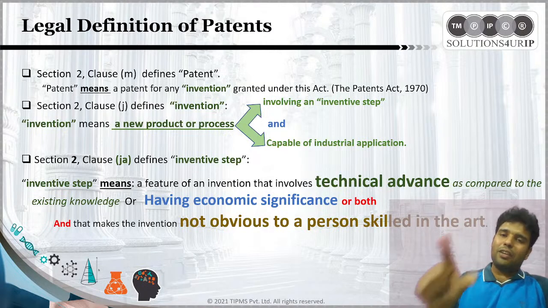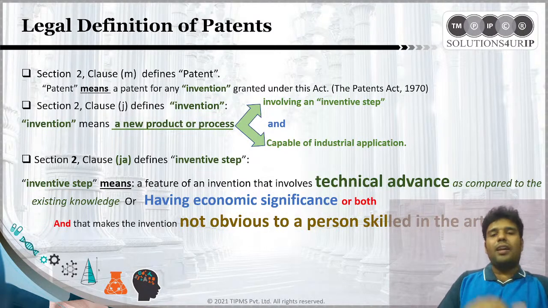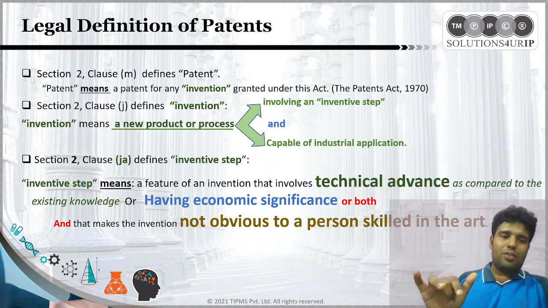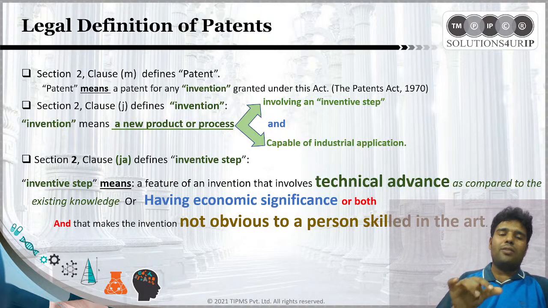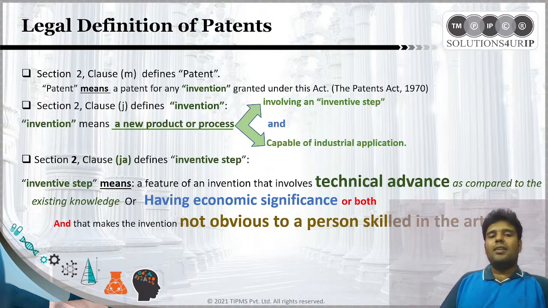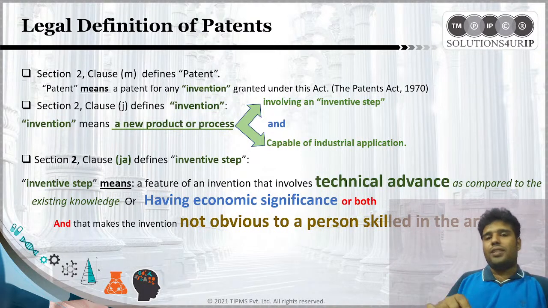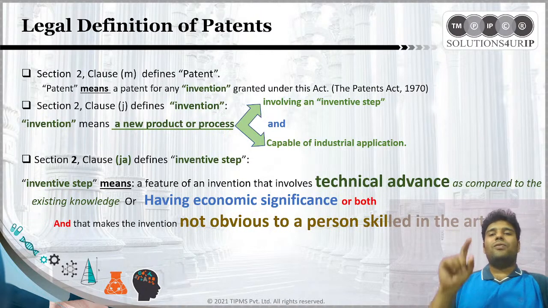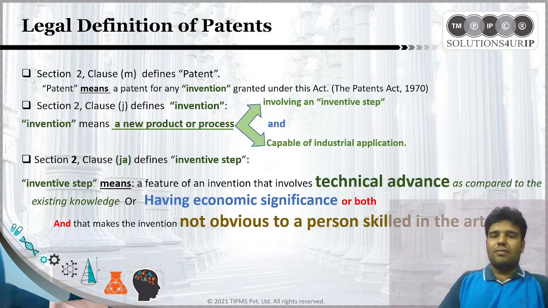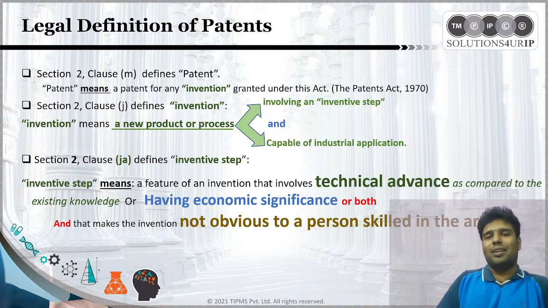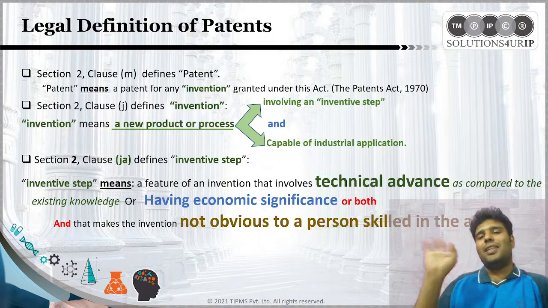There is a difference between includes and means. Some legal definitions start with the phrase includes, and some start with the phrase means. When a definition starts with means, it is very rigid and very specific. It means that it is only that thing which is referred to legally, no other thing.